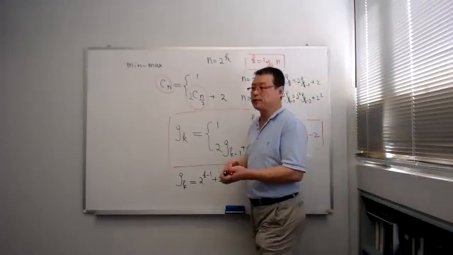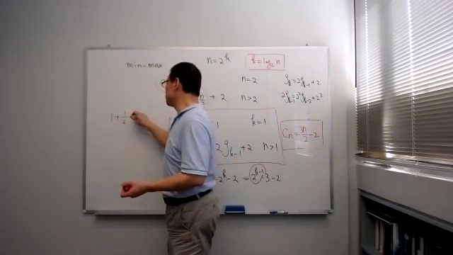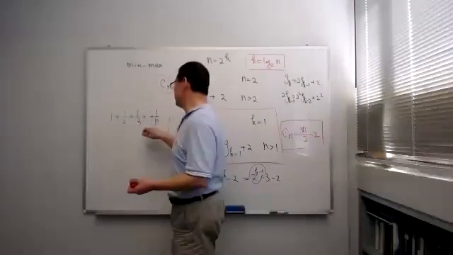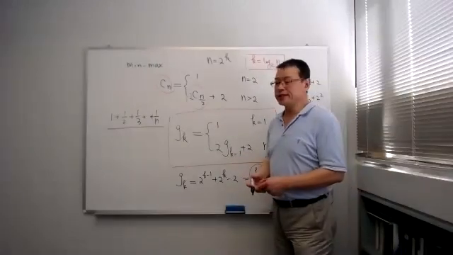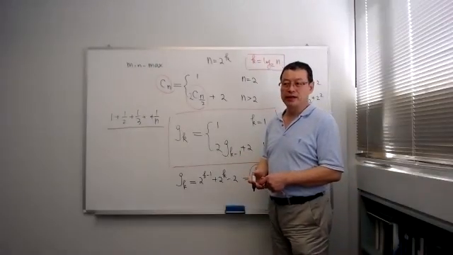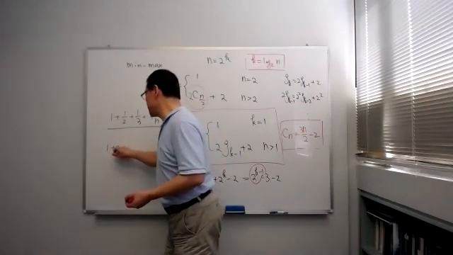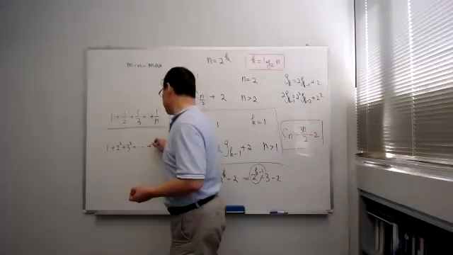For example, even for very simple ones, like the summation of 1 plus 1 over 2 plus 1 over 3 up to 1 over n, no one knows the closed formula. Practically it's very close to log n. Even for polynomials, 1 plus 2 squared plus 3 squared, it's not easy either.